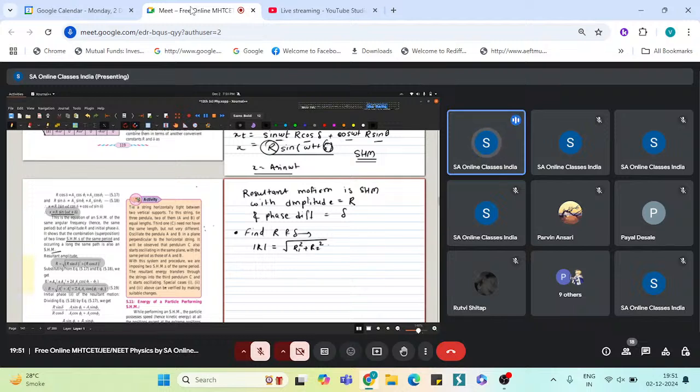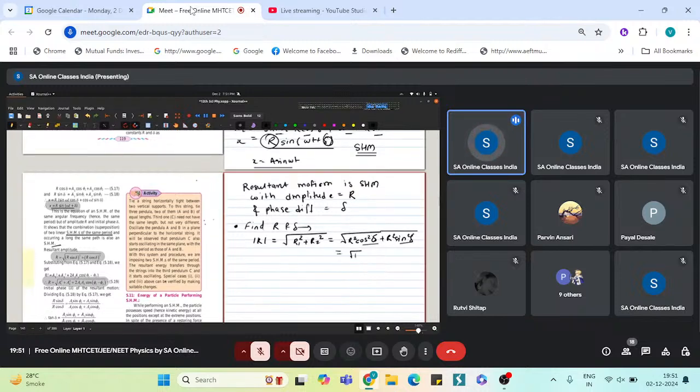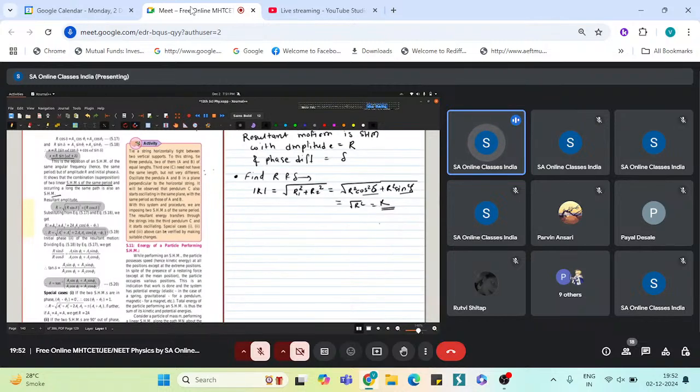And this is just going to be equal to R square cos square delta plus R square sin square delta, and now cos square delta plus sin square delta is just going to be 1, and so this is going to be the root of R square, which is R. I mean, that is what we want to find out, right?